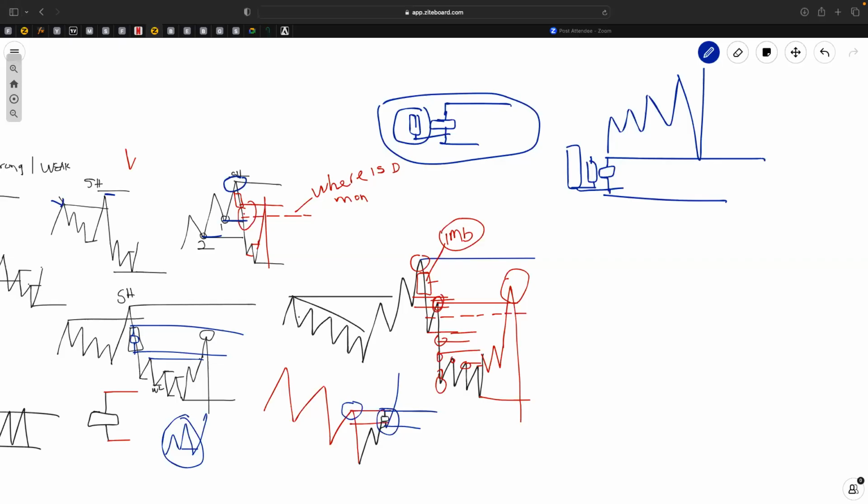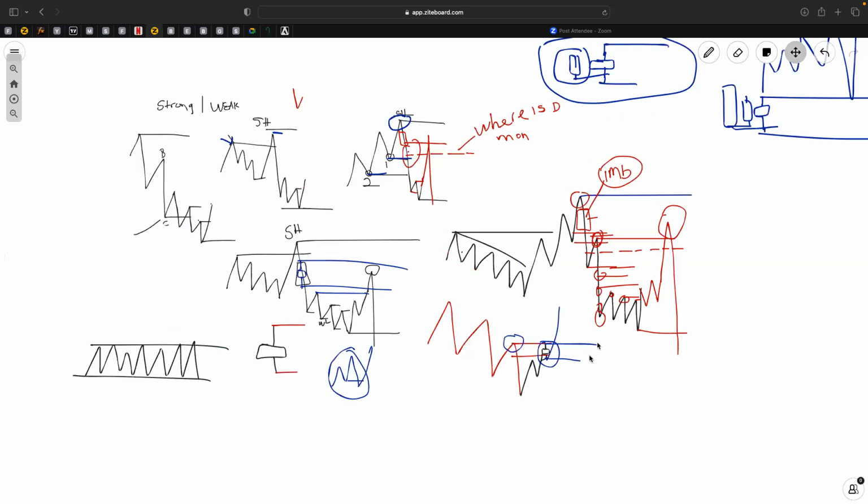A valid A has to be a strong I. Correct. And a valid A must have the rule of momentum and distance. I've explained that already, bro. So guys, am I clear with my explanation?